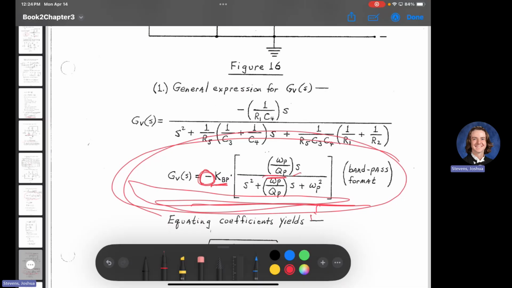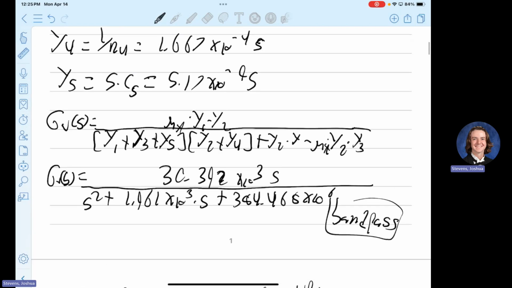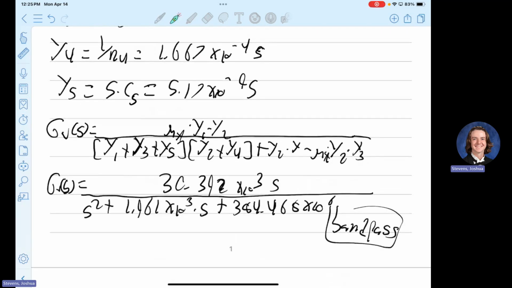So going back to this negative, it doesn't fully matter in this instance, but we see this KBP times this omega p over Q times S is going to be the numerator. So we have KBP times omega p divided by QP equals, well, what's in our numerator? This value here.